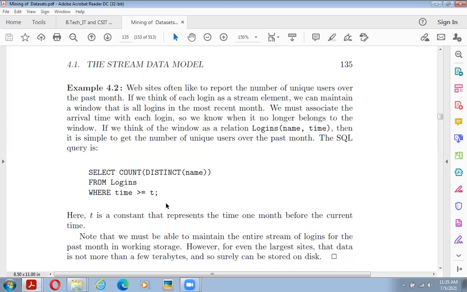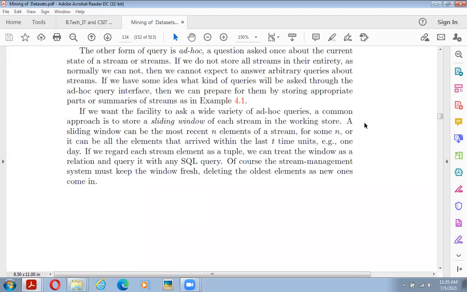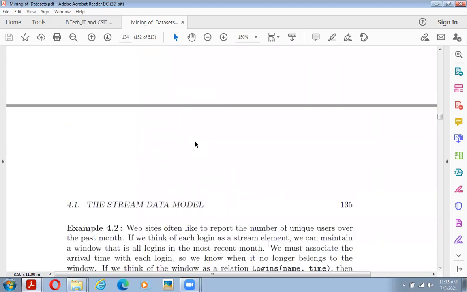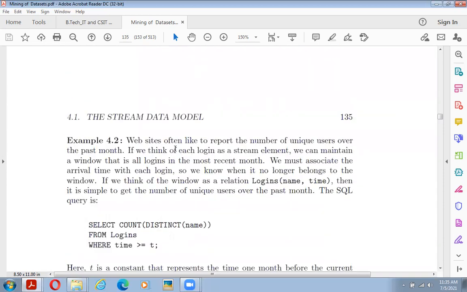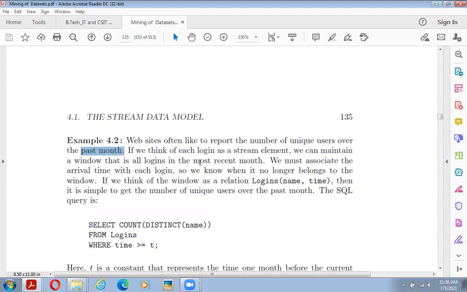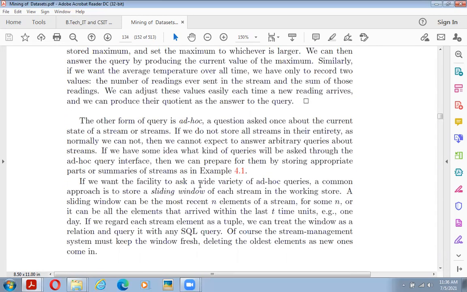Let's again relate this to the definition. A sliding window can be the most recent n elements of the stream. Here we need to maintain all logins of the past month, and then we associate the arrival time with each login. So what really is the sliding window?